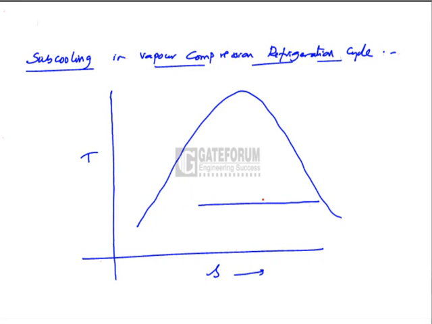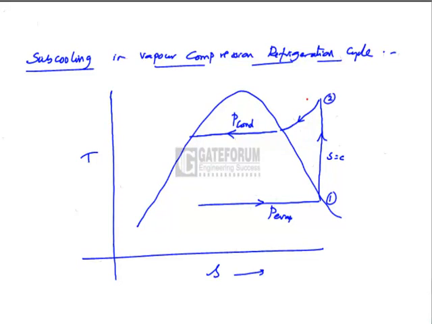This is evaporation at constant temperature. This is compression, isentropic compression from evaporator pressure to the condenser pressure. This is cooling. This is condensation of the refrigerant vapor at constant condenser pressure.